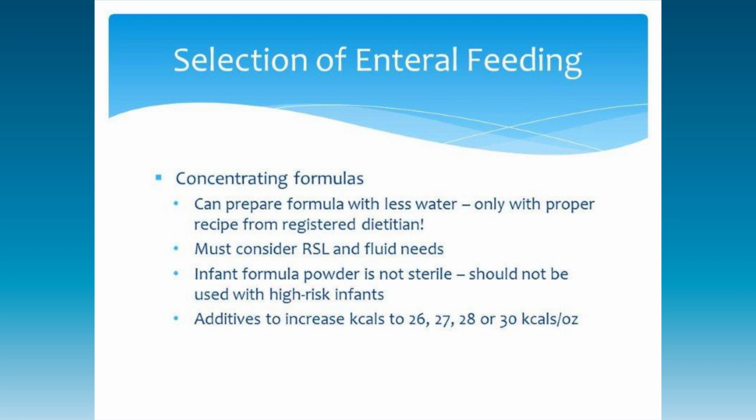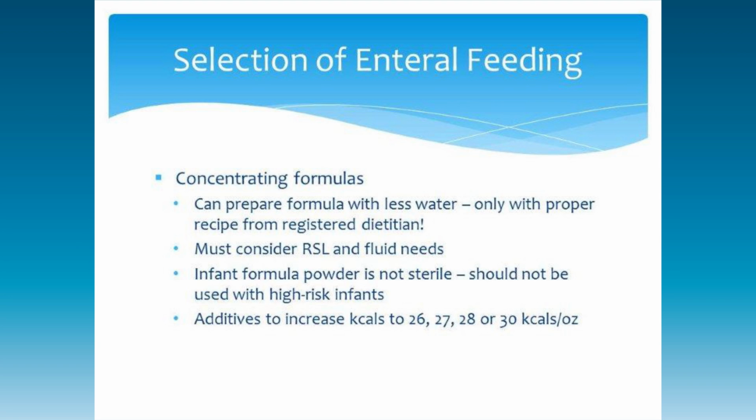Okay, so formulas can be concentrated to provide more calories in a smaller volume. We do this by adding less water to the formula, to the powder, or to the concentrate. If you add less water, it's going to make it higher calories per ounce, right? But it's very important that this recipe only comes from a registered dietitian who's done all of the proper calculations to make sure that that's going to be okay.